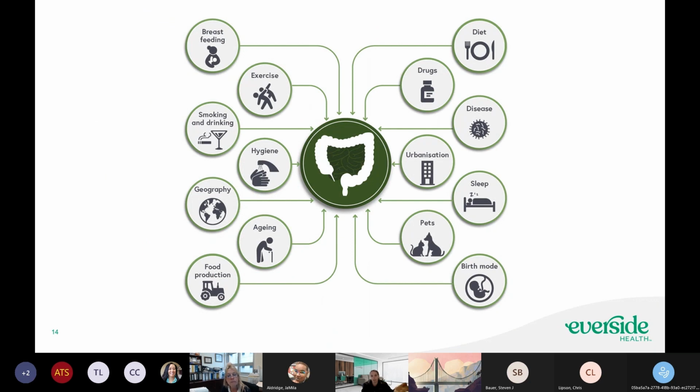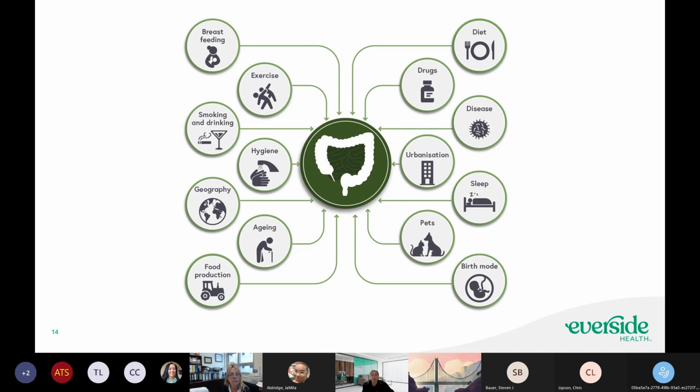These are all different things that can impact your gut microbiome. So if you're breastfed or formula fed, that's going to impact it. Exercise, smoking, drinking alcohol, hand hygiene. How well do you have hand hygiene? Where you live in the world. If you're somebody who grew up in the plains of Africa, it's going to be very different than somebody who lives in Dayton, Ohio versus like New York or LA or China.